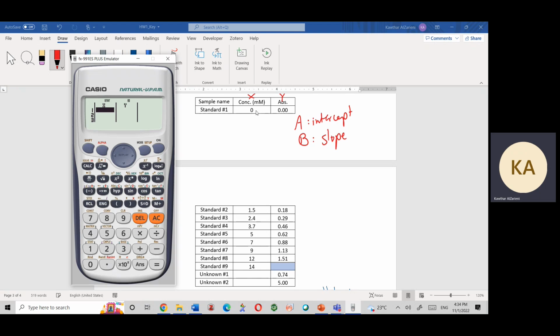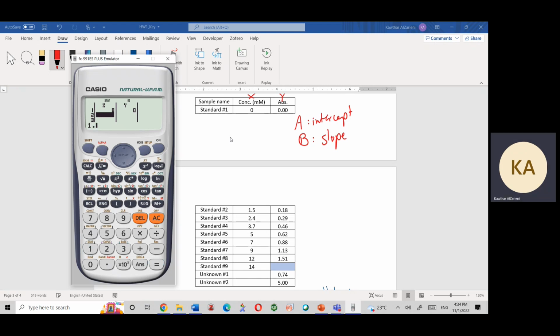For x's, I'm going to put the x's first. Or let's do x and y at the same time. So for x, 0, and I hit equal. The y that corresponds to it is 0 for the absorbance.